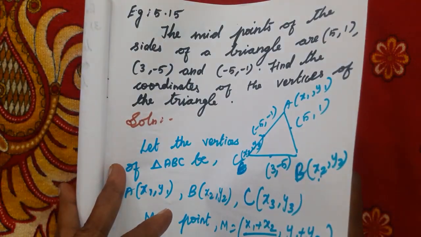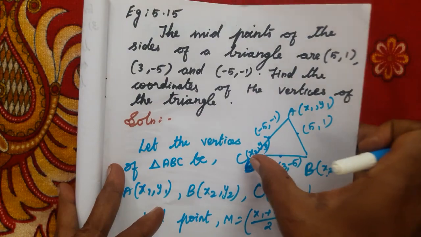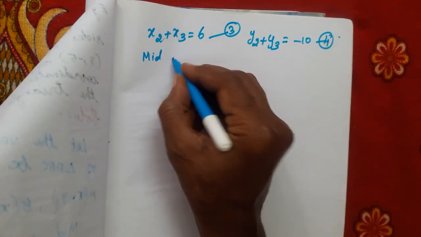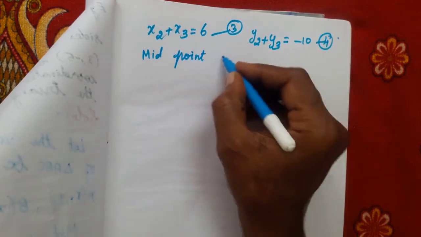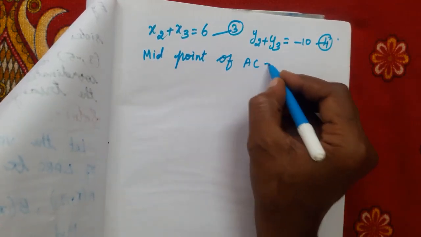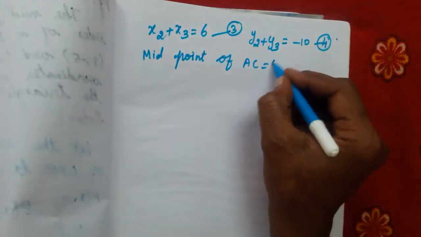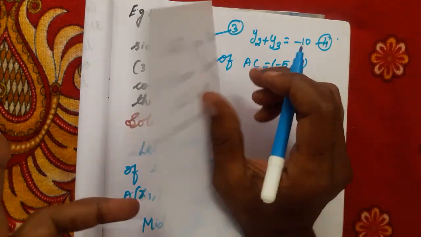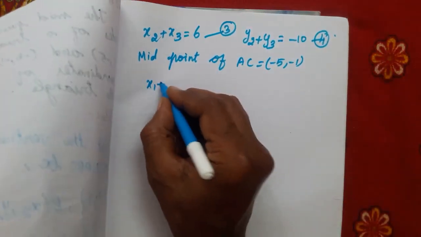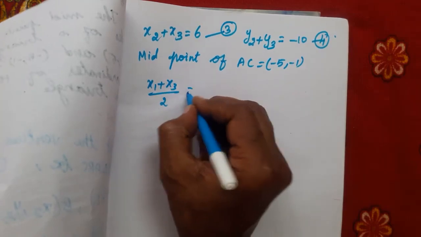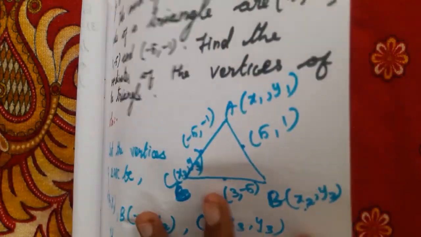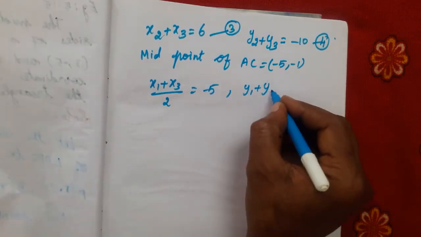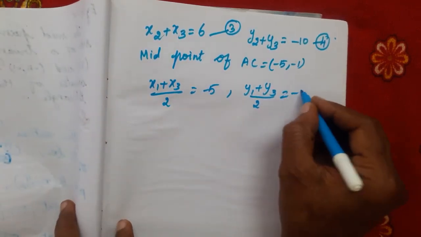So (x1 + x3)/2 is equal to -5, and (y1 + y3)/2 is equal to -1.